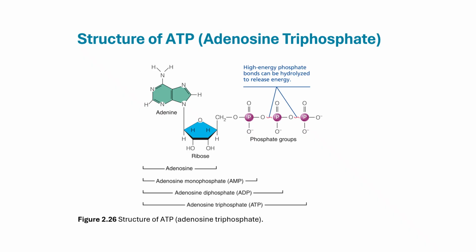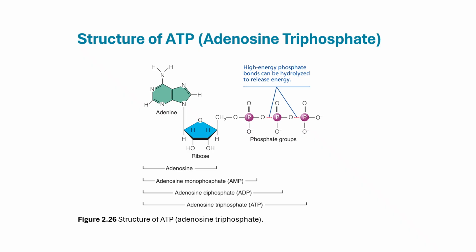So this area here is going to be your adenosine. If you have the adenine, the ribose, and 1 phosphate group, so like here, that's adenosine monophosphate. So mono is 1 phosphate. If we have 2 phosphates, adenosine diphosphate, that would bring us to here.